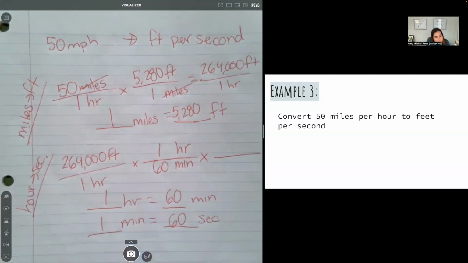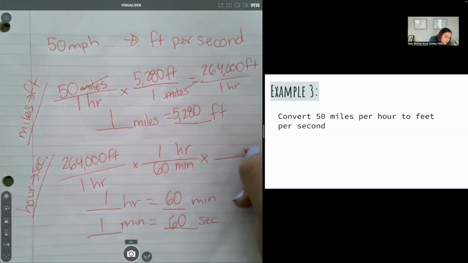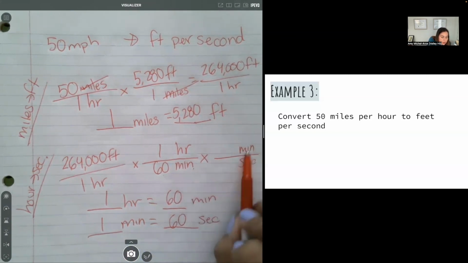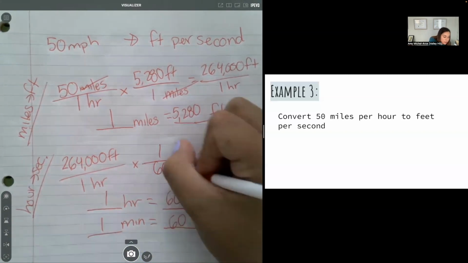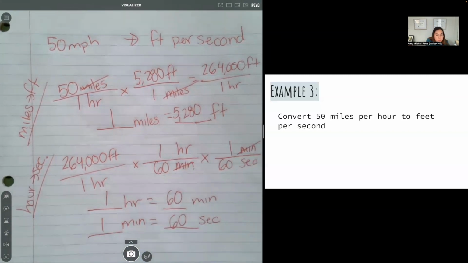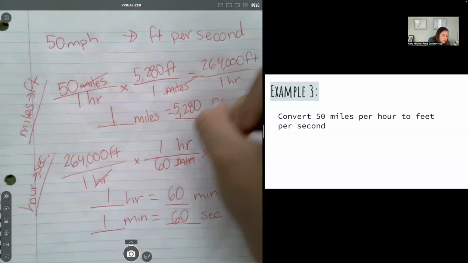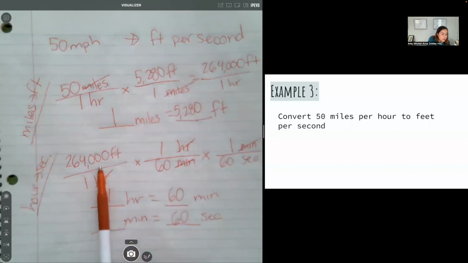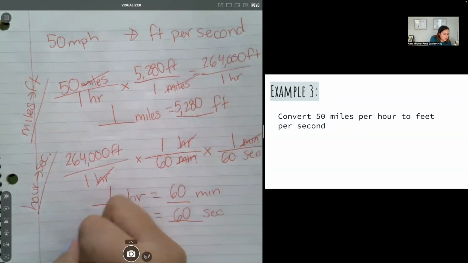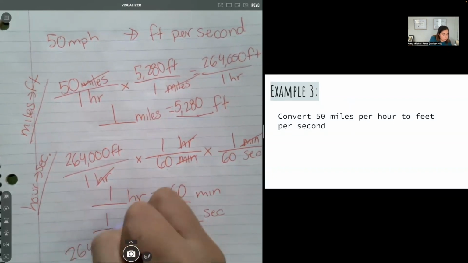Then if I ultimately want this in seconds, I need to convert minutes to seconds, and this is going to cancel out minutes. I know there's 60 seconds in 1 minute. So here, denominator and numerator, those cancel. Denominator, numerator, they both cancel. So now I just have what's left here to multiply. 264,000 times 1 times 1, 264,000 in the numerator.